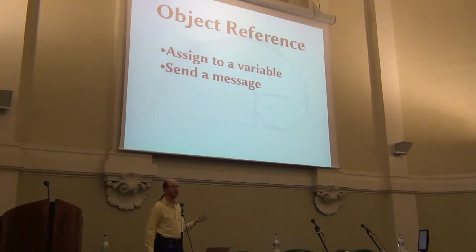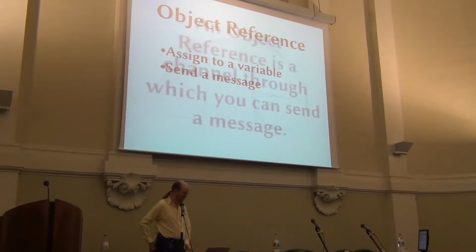There are two things you can do with an object reference. You can assign it to a variable. In fact, that's all variables do, they hold object references. Every variable always holds an object reference. And then you can use that object reference to send a message to an object. In fact, you can't send a message to an object unless you have an object reference. Since assigning to a variable is really just saving it for later use, the sending of the message is the important part.